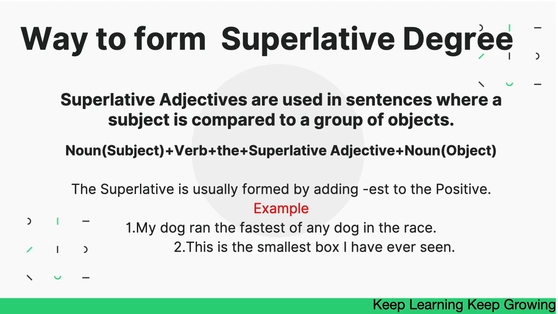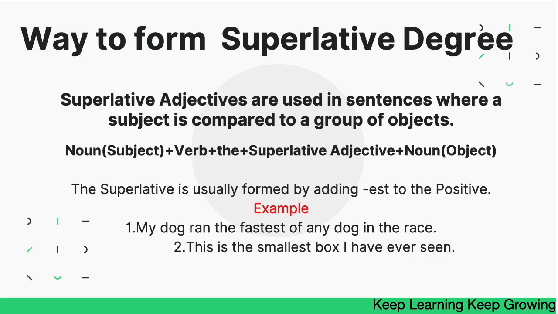See, I have given two examples like my dog ran the fastest of any dog in the race. I have added the and fast has become fastest. This is the smallest box I have ever seen. The smallest.